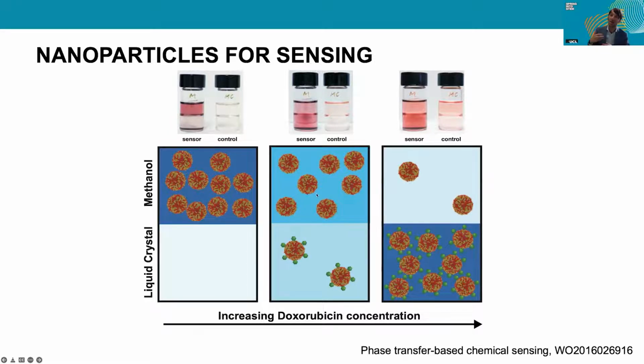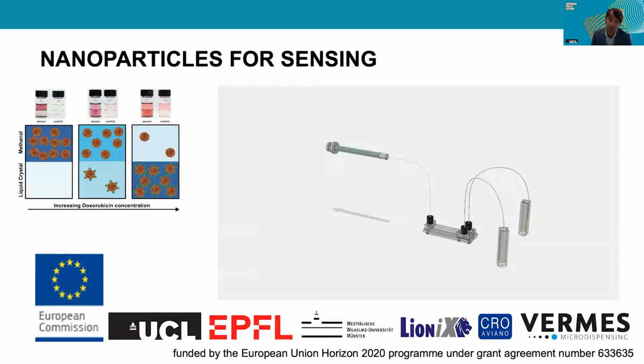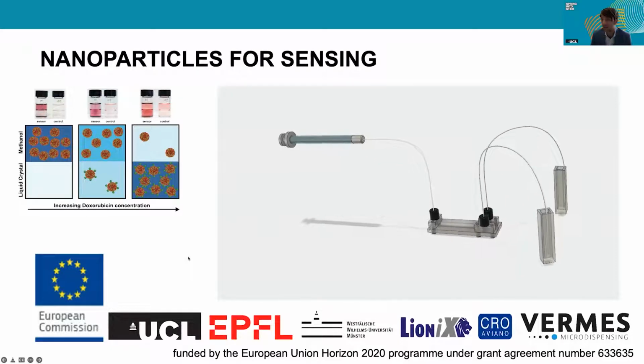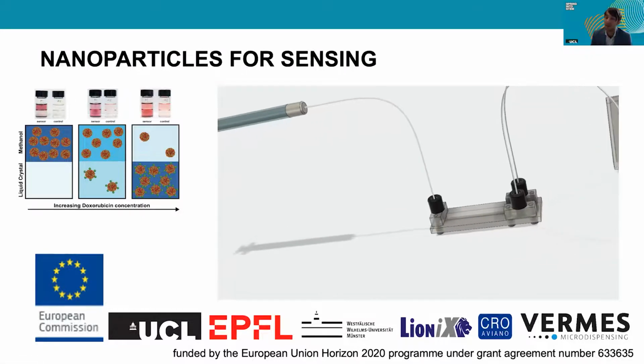So by measuring the extent of phase transfer, we were able to measure the concentration of doxorubicin in the bodily fluid. And this was then implemented into some sort of prototype shown here.